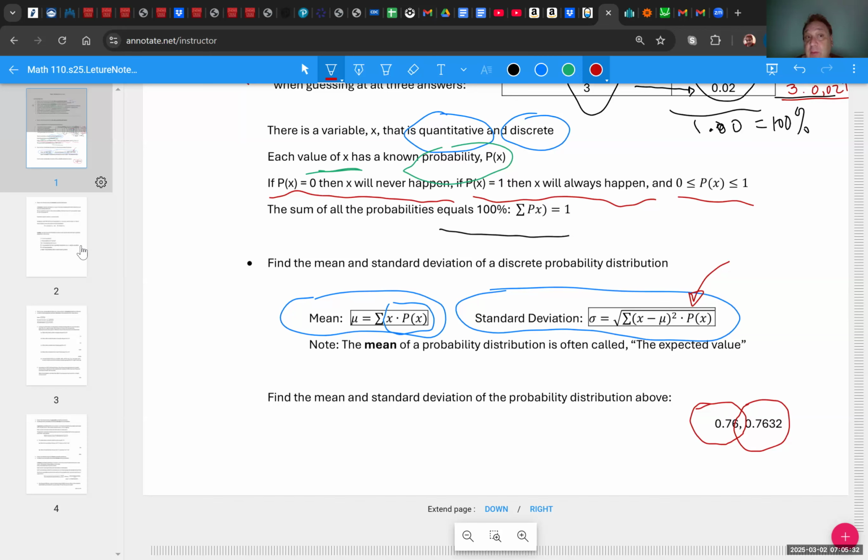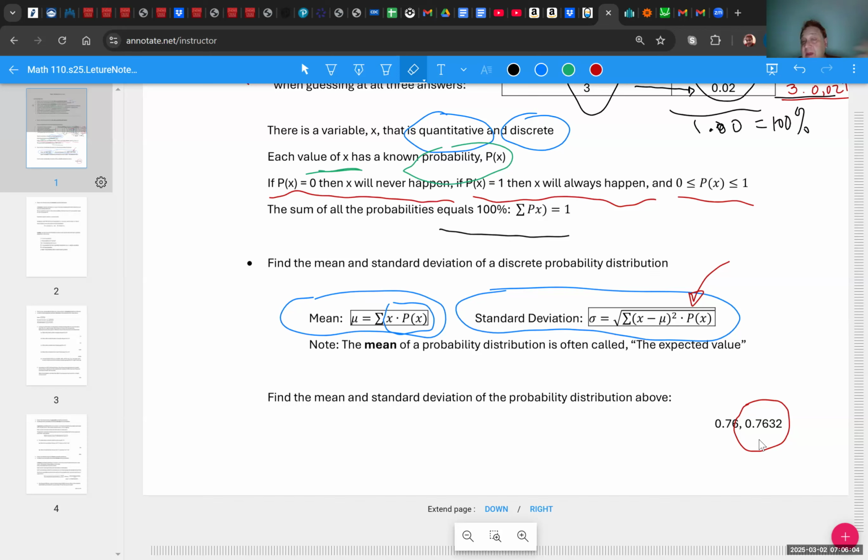So just to remind you what the standard deviation tells us, the 0.7632 number tells us the spread. So if you start from the middle, which is 0.76 questions correct, and you subtract 0.7632 or add 0.7632, that's called one standard deviation away from the mean. And we know from the empirical rule, the 68, 95, 99.7% rule, that 68% of the data should lie between those two values.